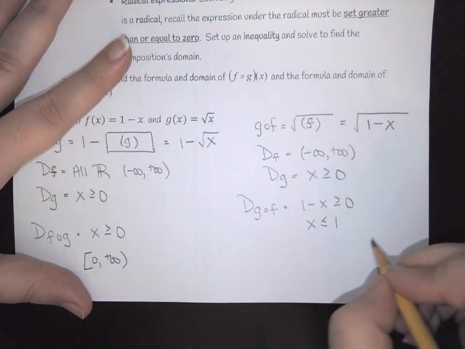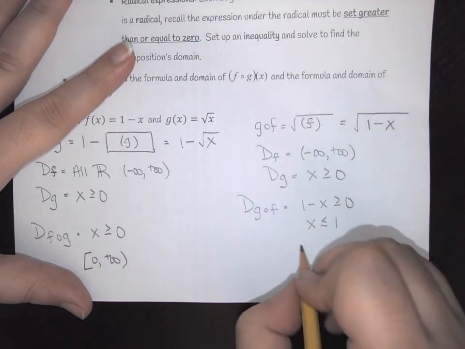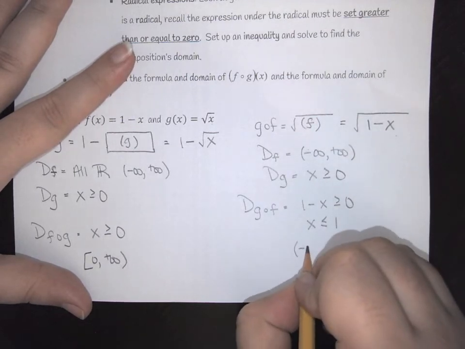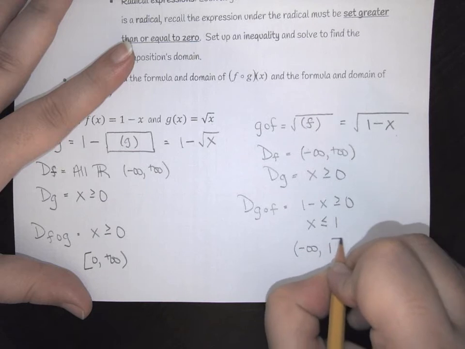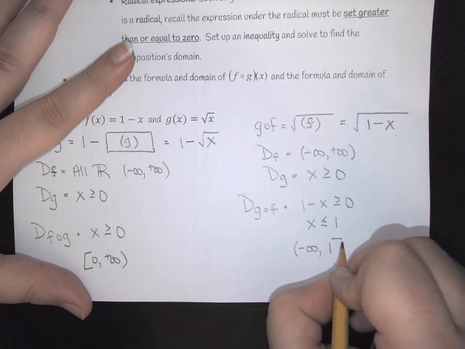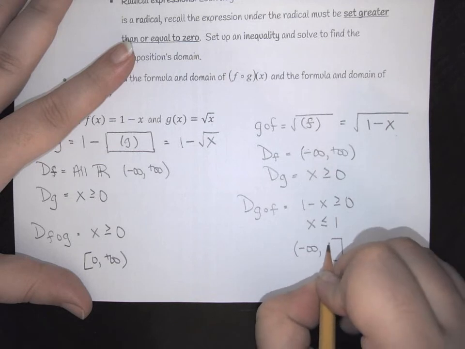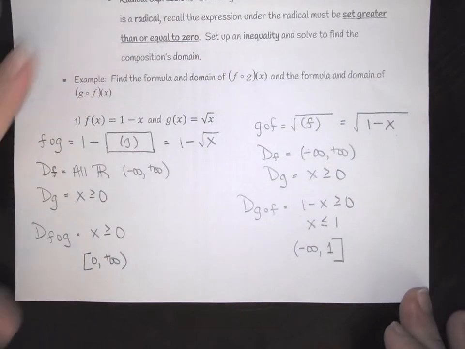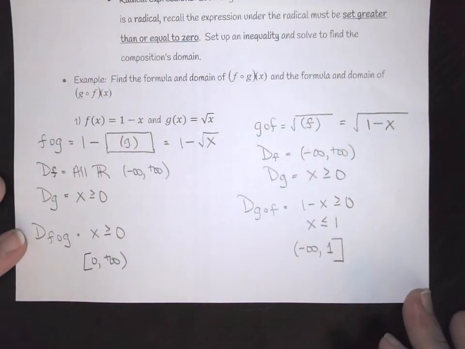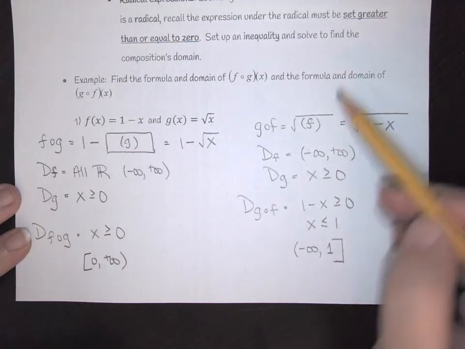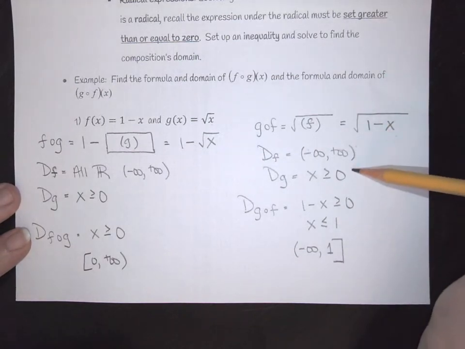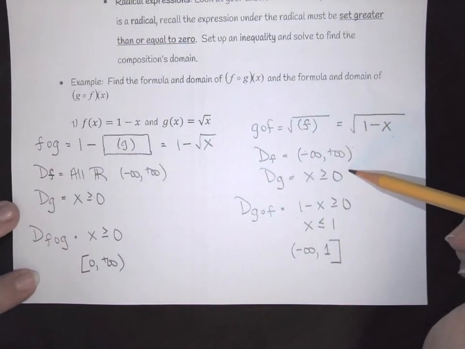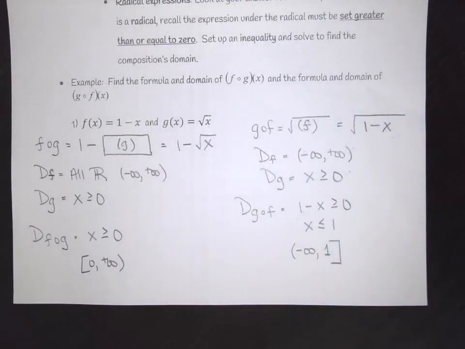So here, when you're writing it out, what this tells you is you're going to go from negative infinity to 1. So notice, I took the domains of my individuals, but I didn't look at necessarily the overlap. I actually looked at what the composition was.